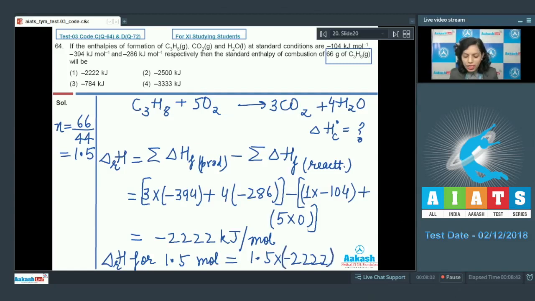And if you solve this you will find out this value is equal to minus 3333 kilojoule, and that's why this is the correct answer. This value is given here, and that's why we should choose option 4 as the correct option. I hope this question is clear to you. Let's check the next question.